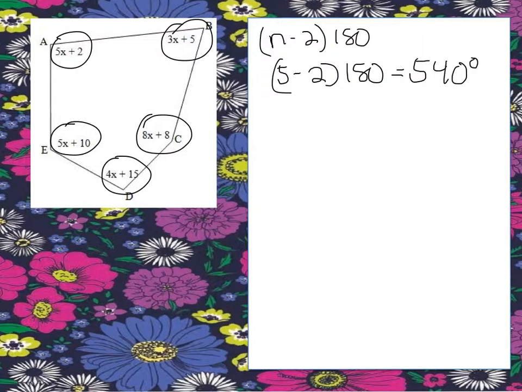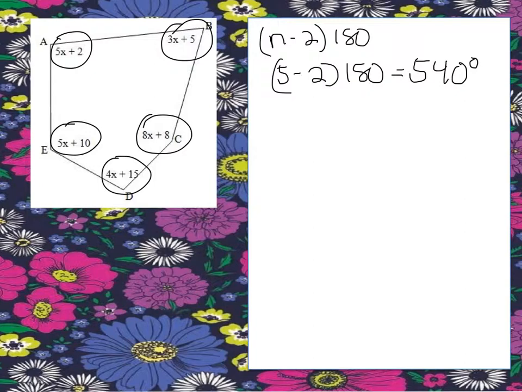Now that I know what the total sum measurement is inside the polygon for angles, I can go ahead and set up an equation to solve for the x value, and I can find out what each angle measures. Now, I'm not dividing it by n, remember, because I don't want to know what each angle is going to measure. Plus, the only time you divide it by n is if you have a regular polygon, and this is not a regular polygon.